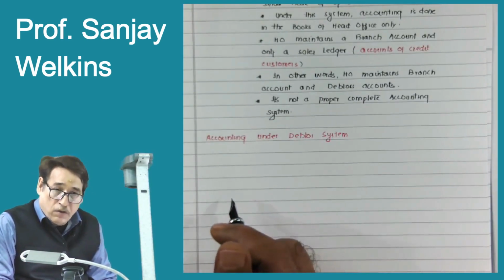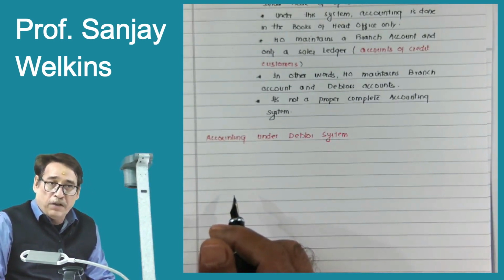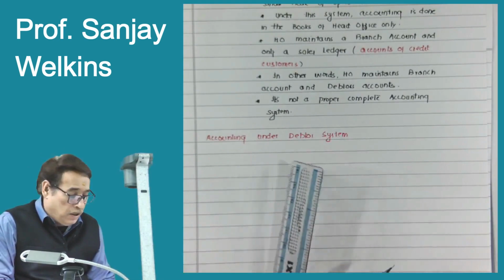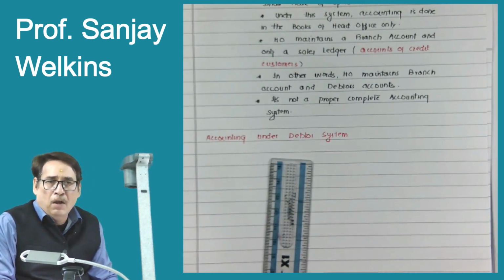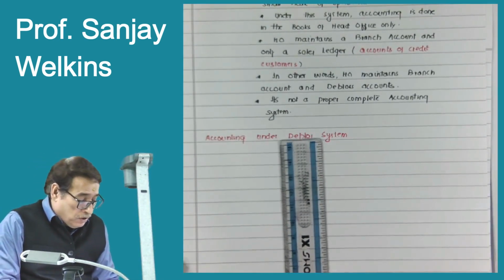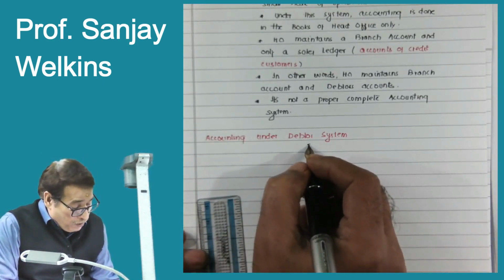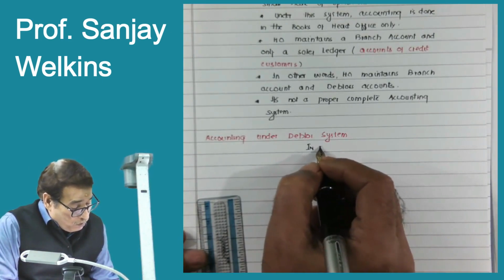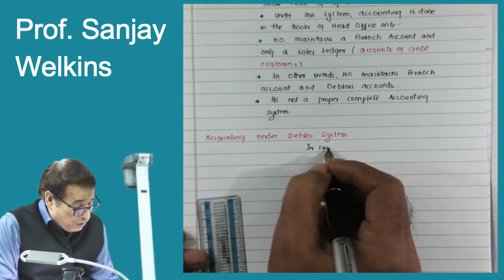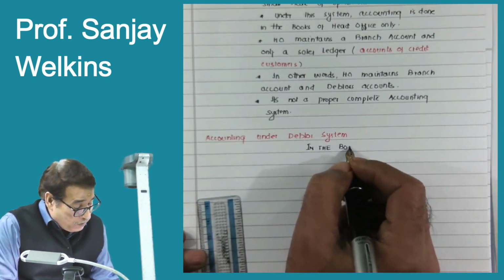You are also aware that head office shall maintain a branch account and a debtors account. When we say debtors, that means accounts of all credit customers. So in the books of head office, these are the formats. First of all, you should write the title: in the books of head office.